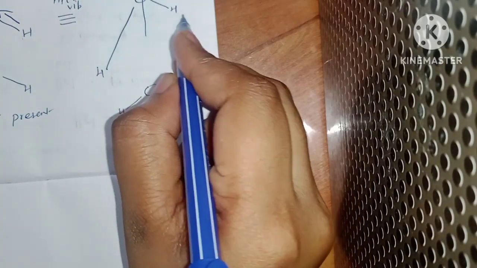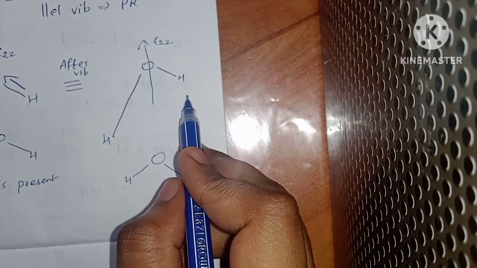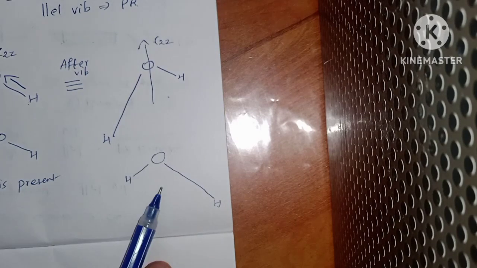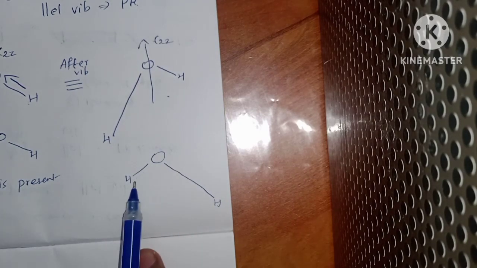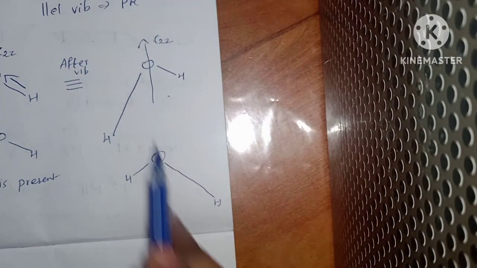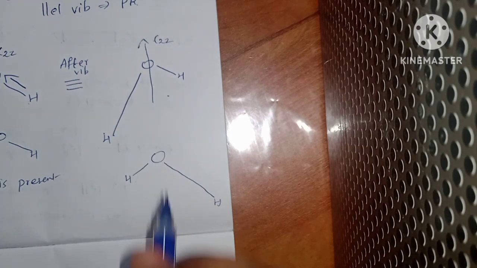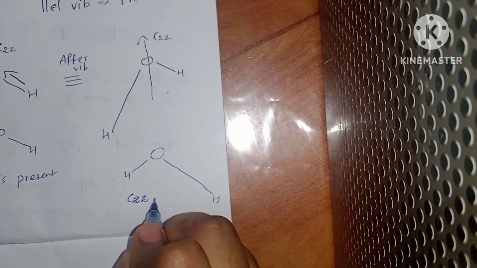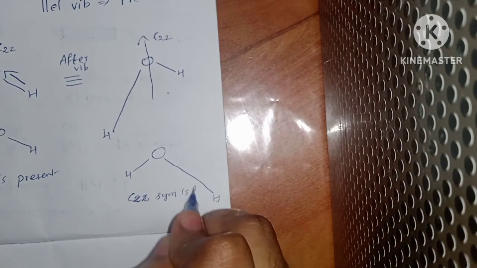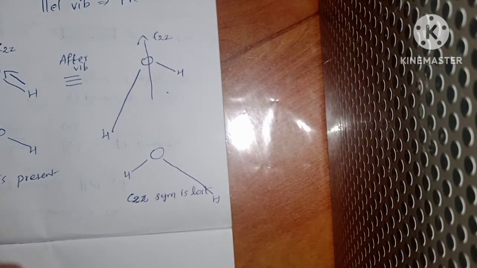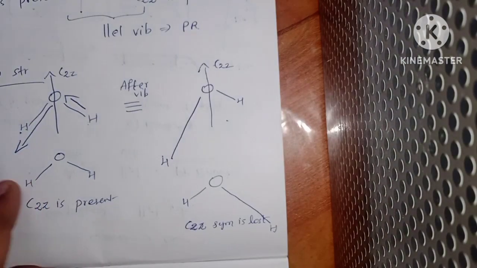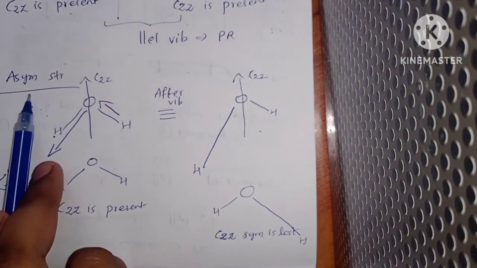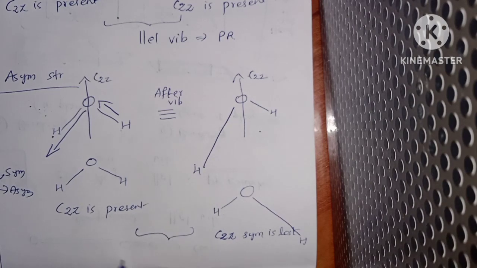Here the shortened part is on the right, and after rotation the short-length hydrogen is on the left side. That means both are not equivalent. So the C2Z axis is not present, or C2Z symmetry is lost. So for a water molecule, this asymmetric stretching is an example of perpendicular vibration.